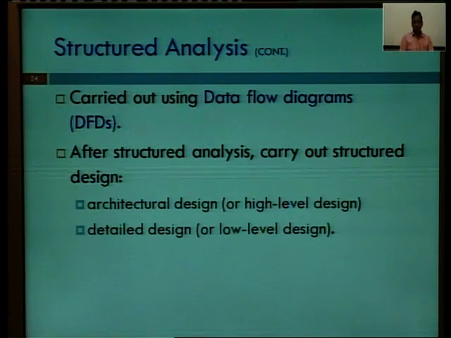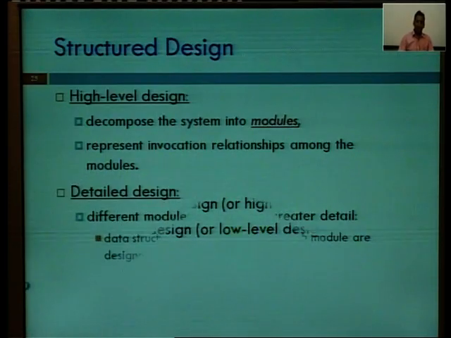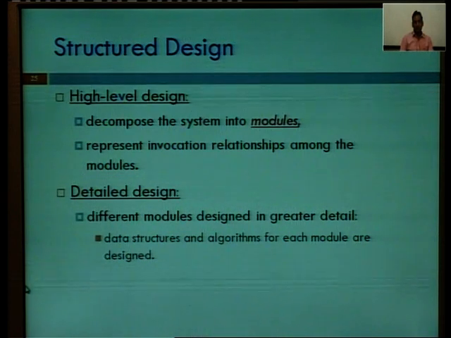The structural design is carried out by two different methods. The first is the architectural design and the second is the detailed design. Architectural design is also known as high level design, and detailed design is also known as low level design. In the high level design, we first decompose our system or software into different modules or functions.